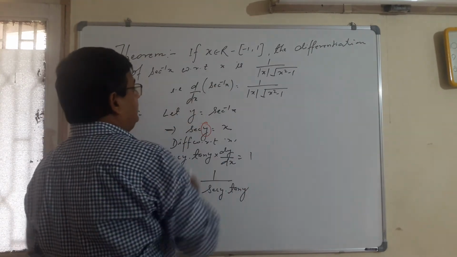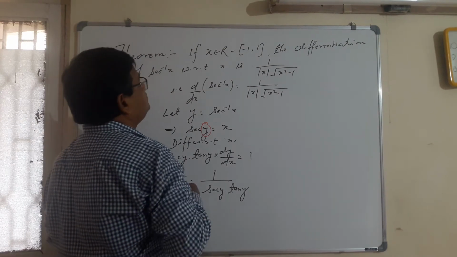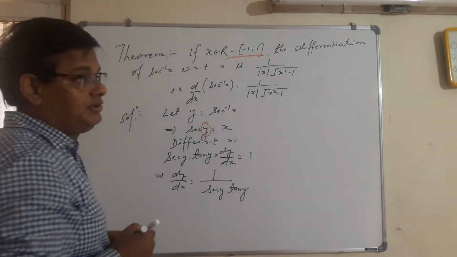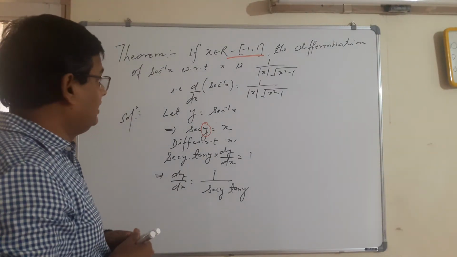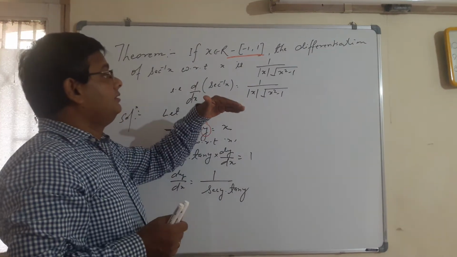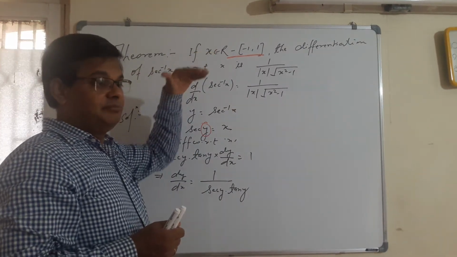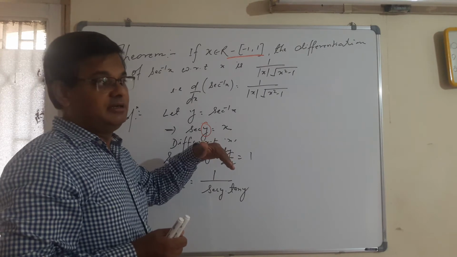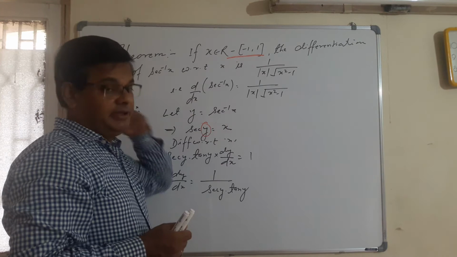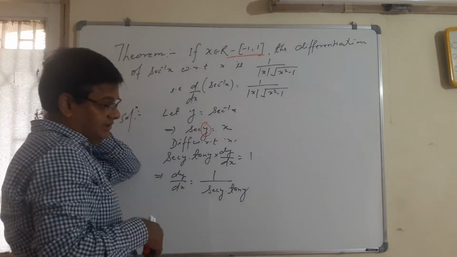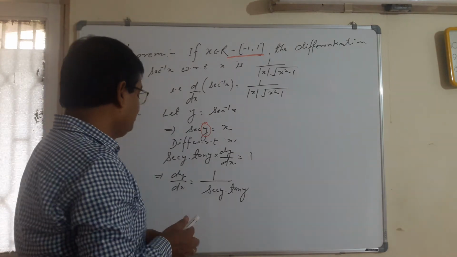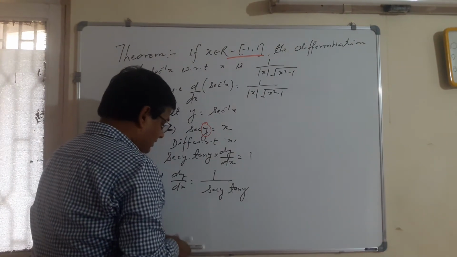But here x is a set of real numbers except minus 1 to 1. In the graph of sec, which I already discussed, it is above 1 to infinity and minus infinity to minus 1. So if it is 1 to infinity, both will be positive, and in the minus infinity to minus 1 range, there are two possibilities.